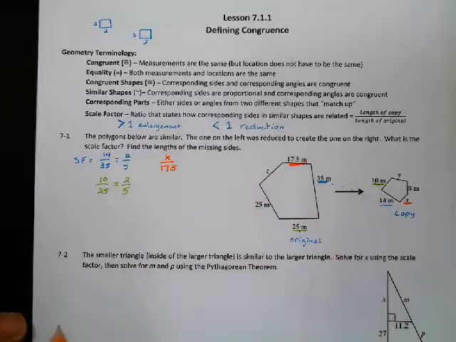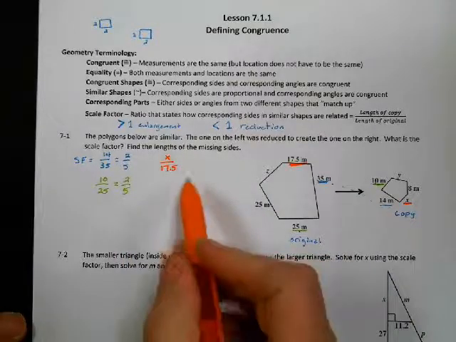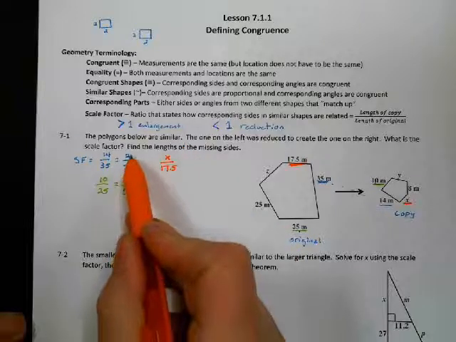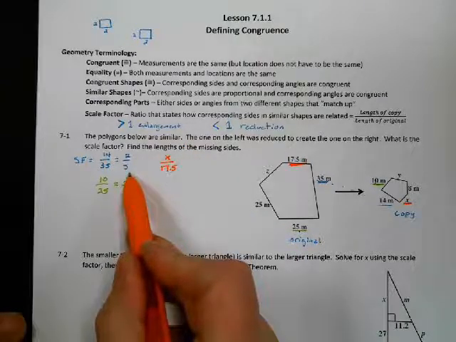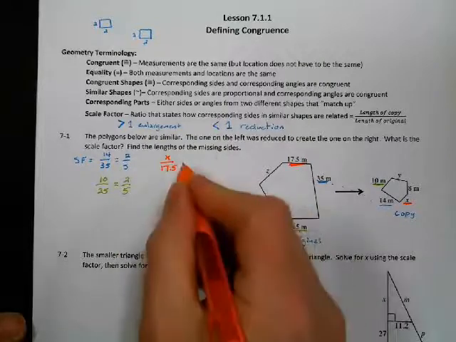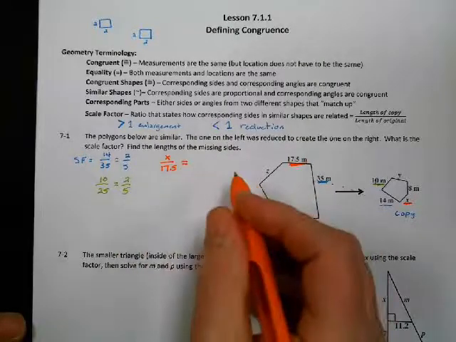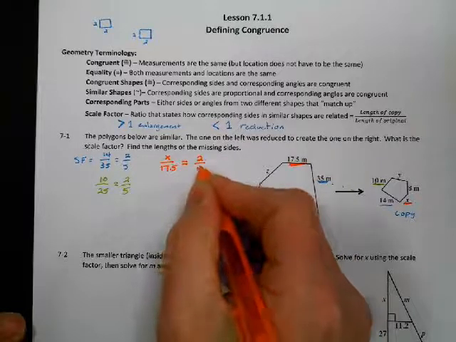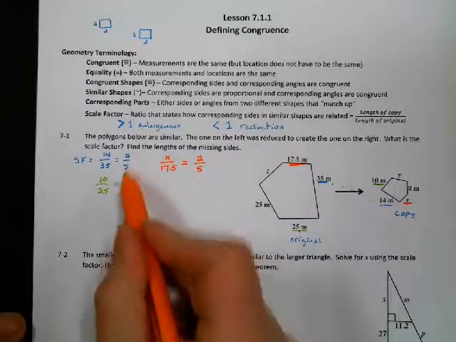Since they are similar, they all have the same scale factor of 2 over 5, which means they're all proportional. That means X over 17.5 should reduce to 2 over 5.